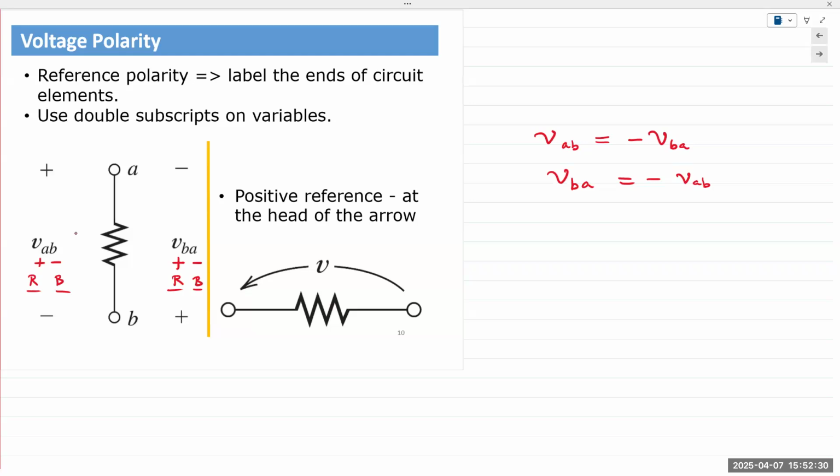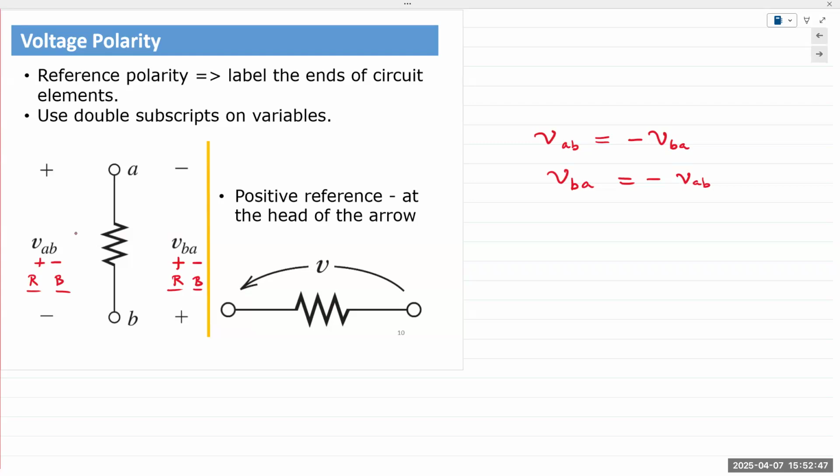Okay, that's again another key term. So if it says VA, VA is measured with respect to ground. VB is also measured with respect to ground, but VAB is measured between A and B. Okay, so single subscript and double subscript notations.